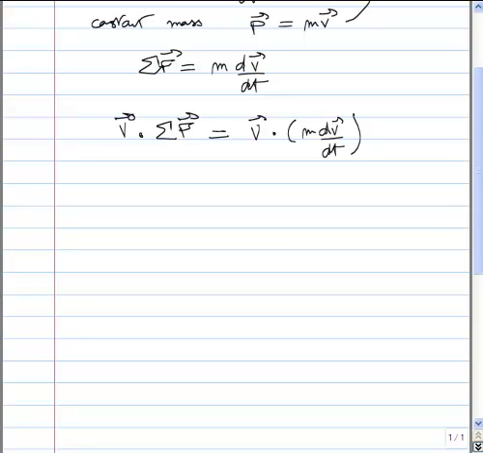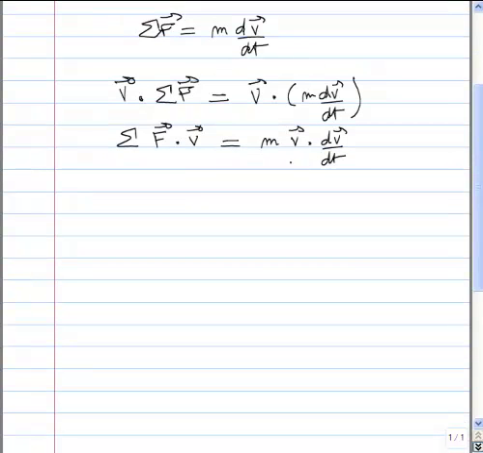It's like an integral. So I can write sum of v dot F, and I'm going to commute the force with the velocity. So I'm going to end up with sum of the forces dot v. Similarly, on the right hand side, the mass can commute with the v. So I end up with mass times v dot dv/dt.